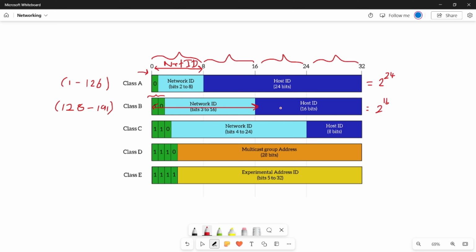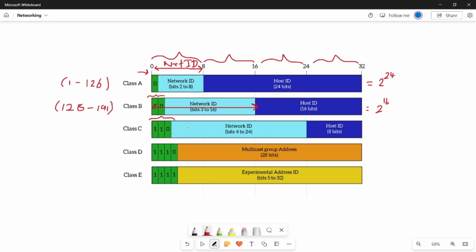This is a much smaller amount compared to class A IP addresses, but it is fine for mid-size networks. When we move on to class C, we can identify it by looking at the first 3 digits of the class C IP addresses.